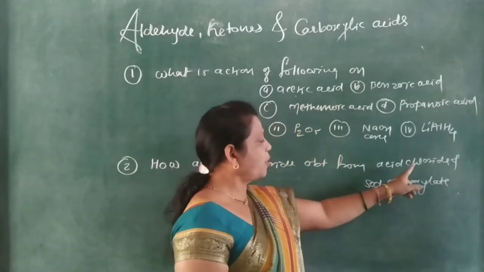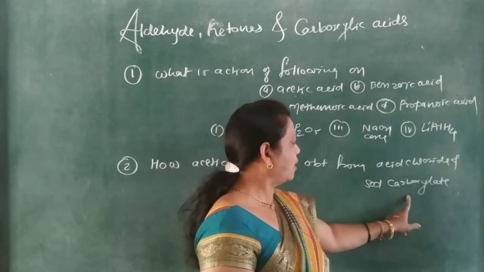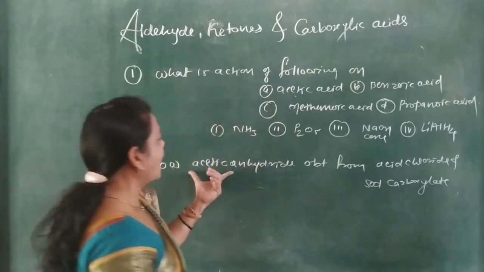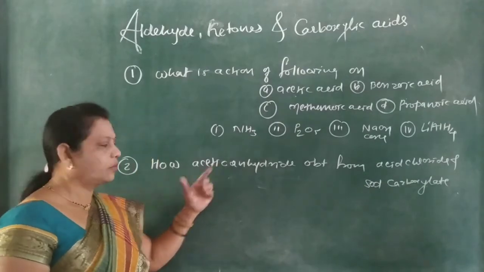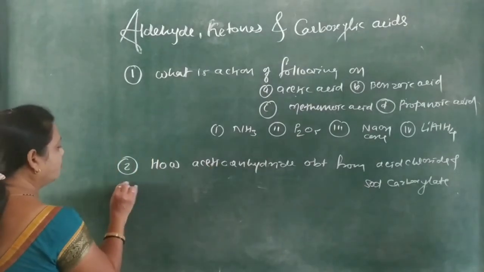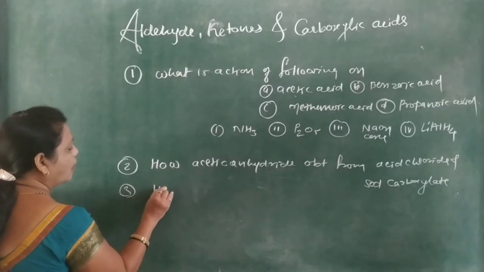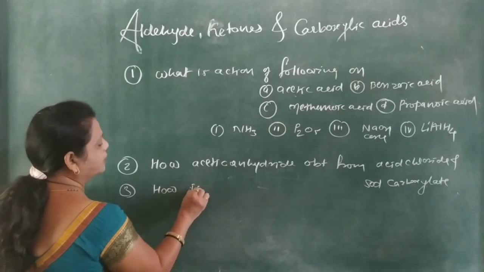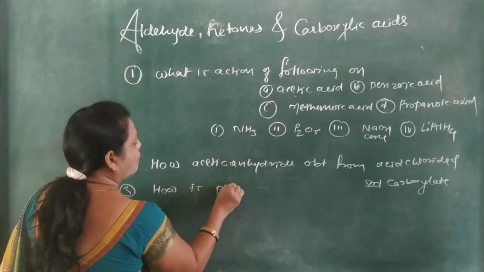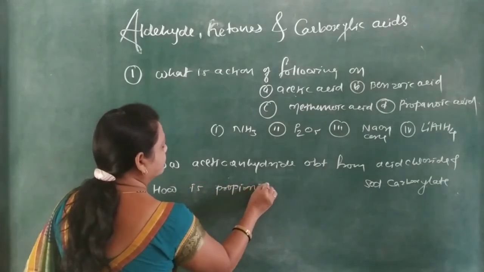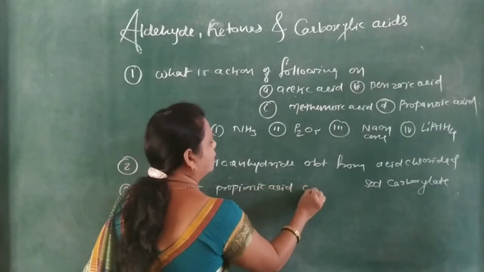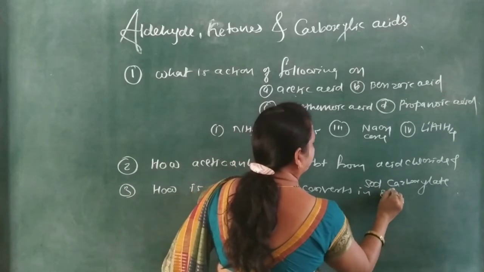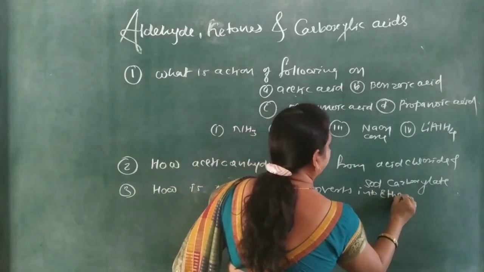Here the corresponding acid chloride and sodium carboxylate are used to prepare the acetic anhydride. Okay. Then third one, how is propionic acid converted into ethane?